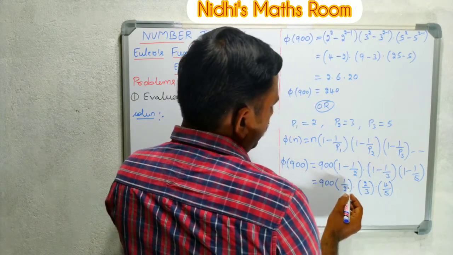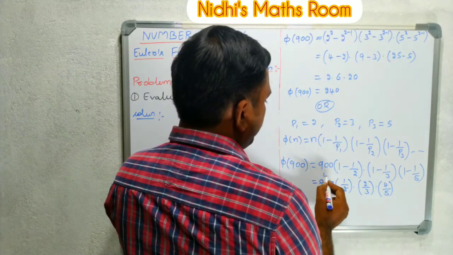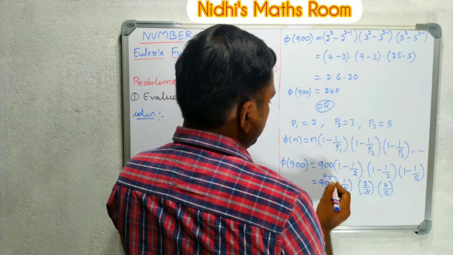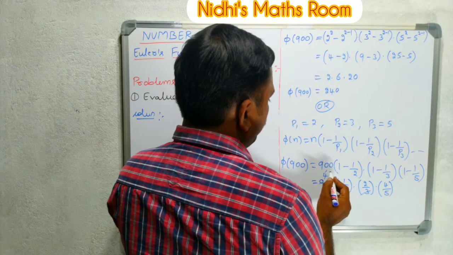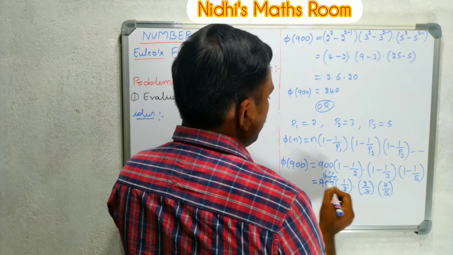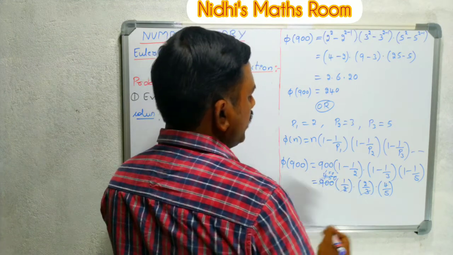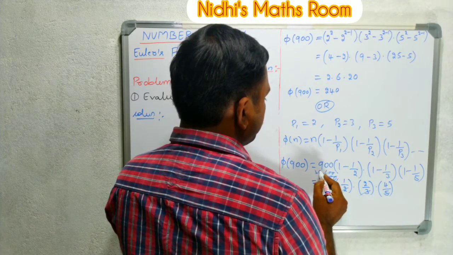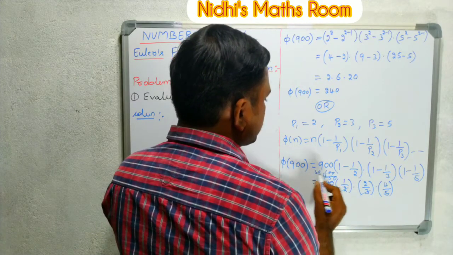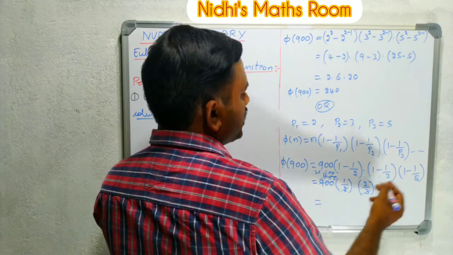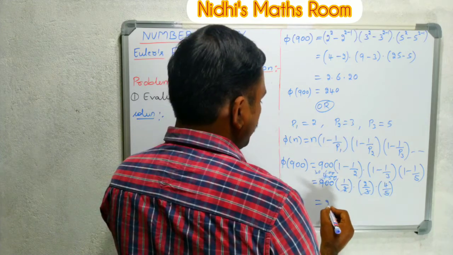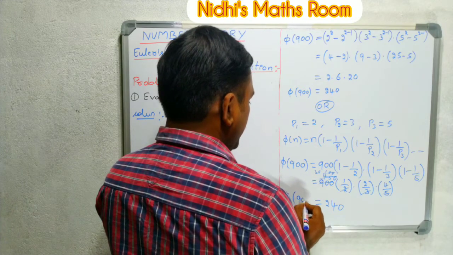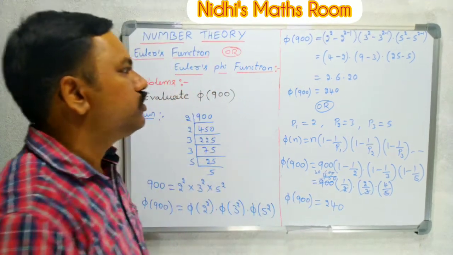Next, further 2 450s are 900, 3 150s are 450, 5 30s are 150. That gives 30 into 2 is 60, 60 into 4 is 240. Phi of 900 is equal to 240.